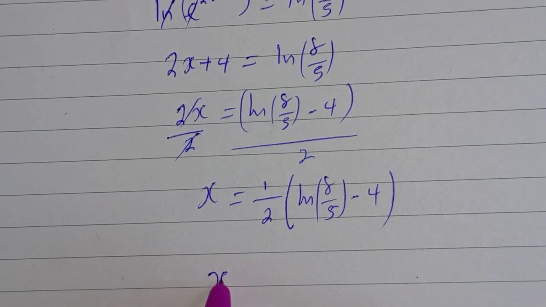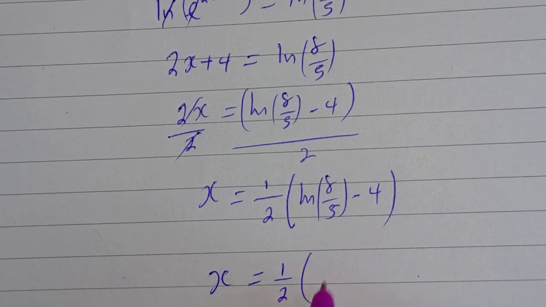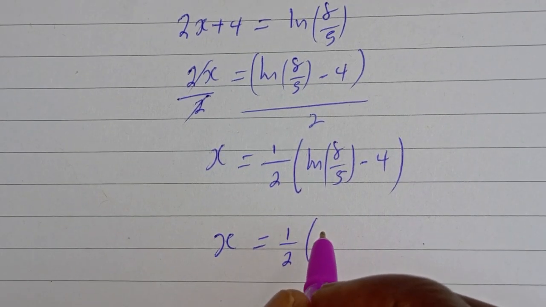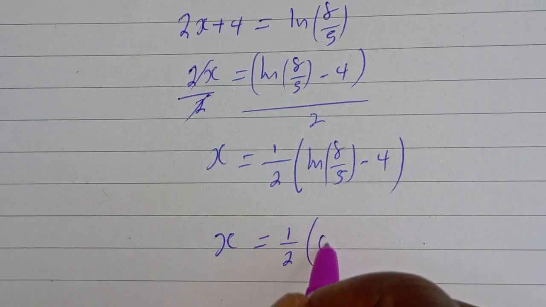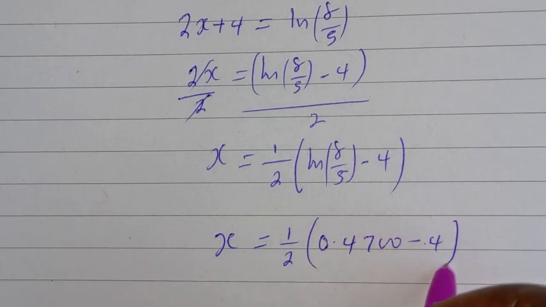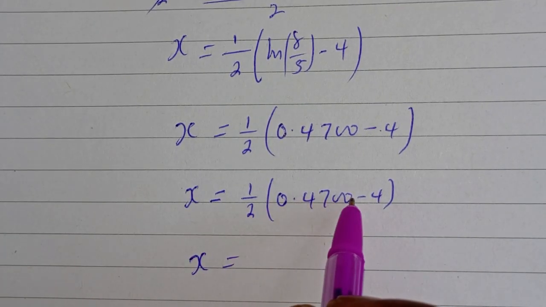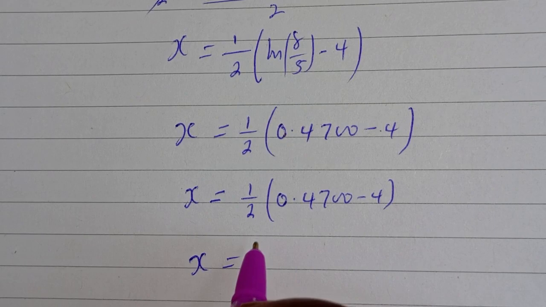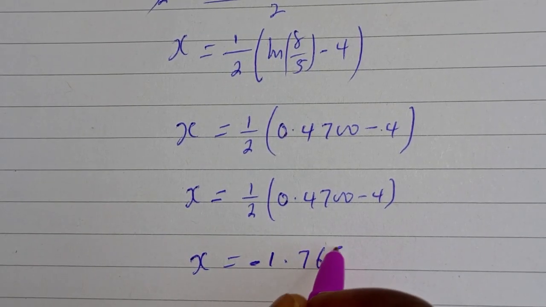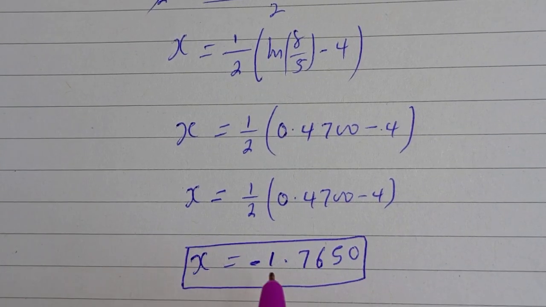Then s is equal to 1 over 2 bracket natural log of 8 over 5 is equal to 0.4700 minus 4. s is equal to, if you divide 0.4700 minus 4 by 2, then we have minus 1.7650. This is the final answer.